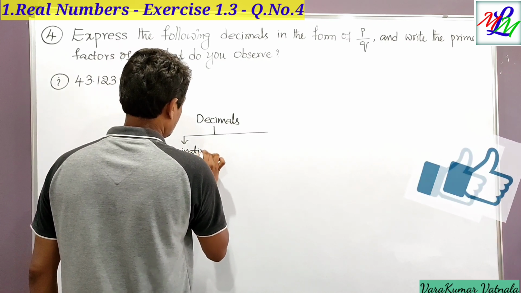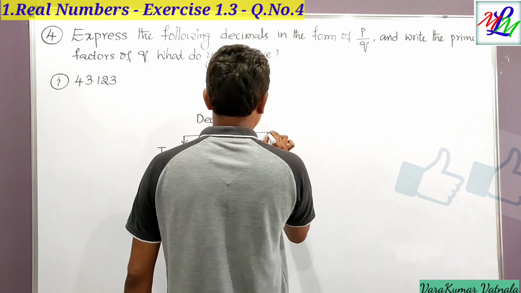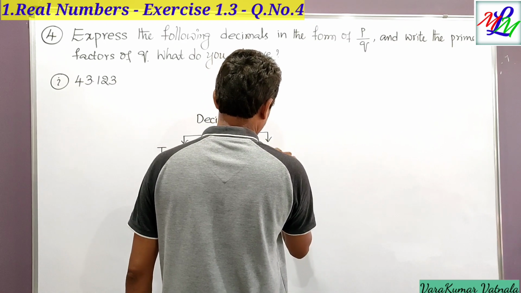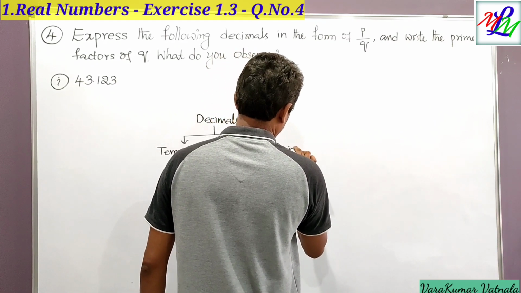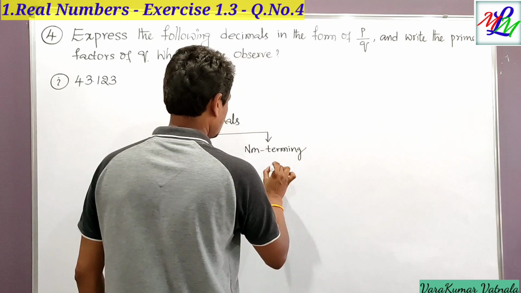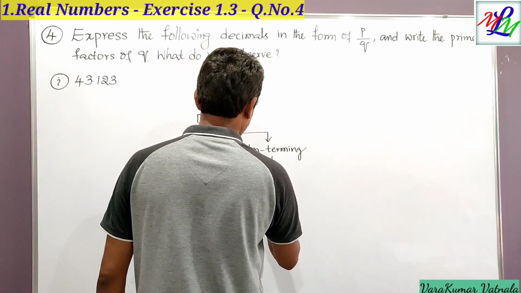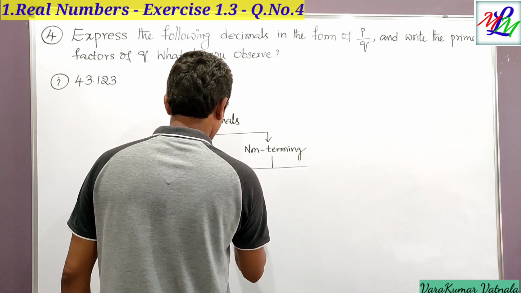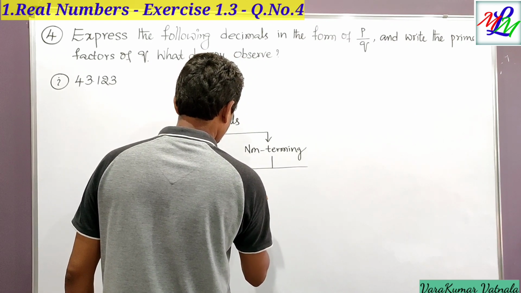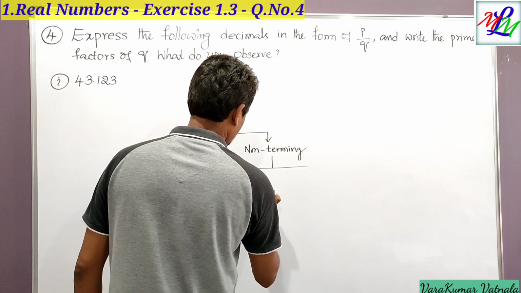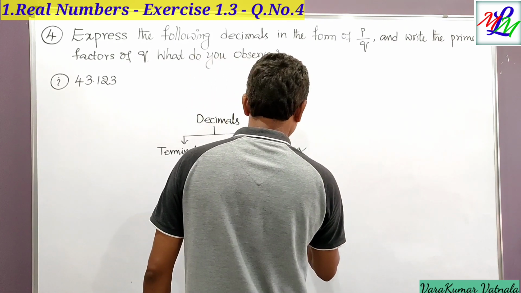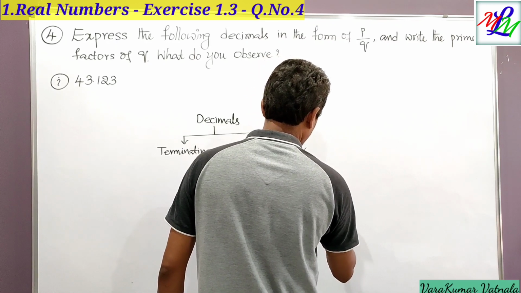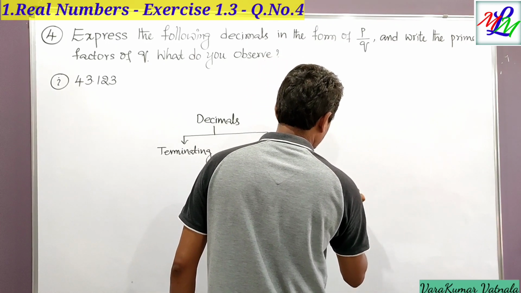In the non-terminating, again we have repeating and non-repeating. So we have non-terminating repeating and non-terminating non-repeating decimals.